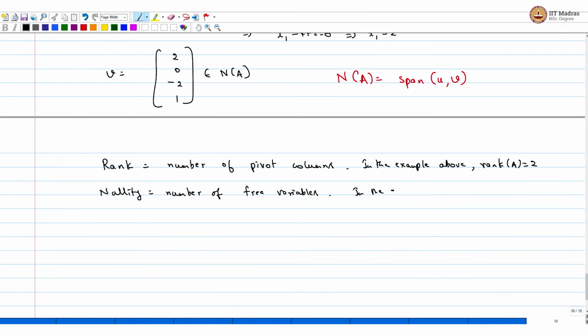In the example above, nullity equals 2. So rank equals the dimension of the column space of A, and nullity equals the dimension of the null space of A.